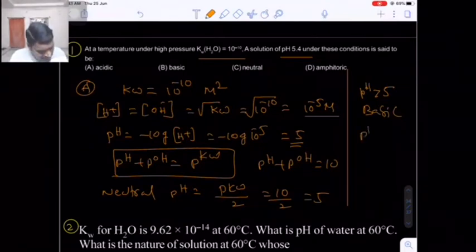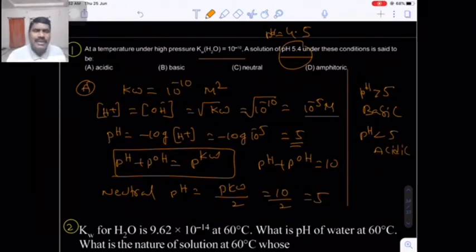Suppose if the pH of the solution, let's suppose here I am giving 4.5, then what is its nature? The actual neutral pH is 5, but the value is less than 5, that means 4.5, that means acidic in nature. Are you getting my point? If the pH is given exactly 5, then the resultant solution is what? Neutral in nature. Are you getting my point?